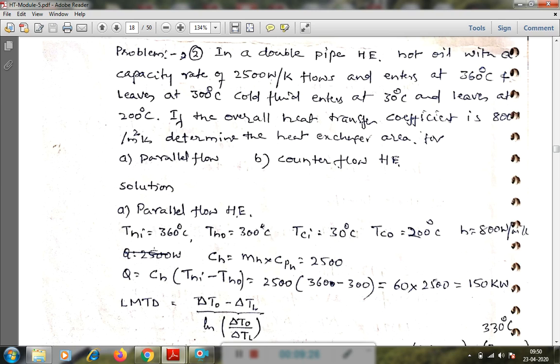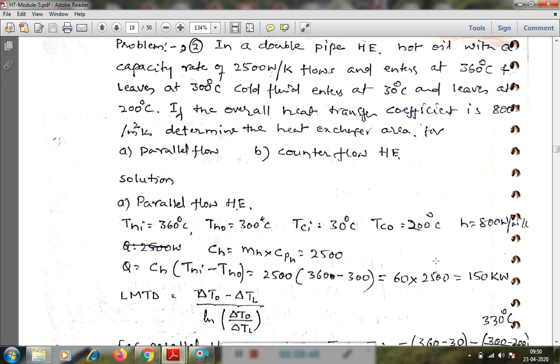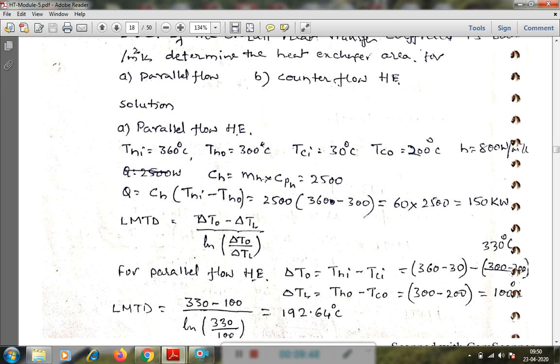Then the hot fluid inlet temperature is given as 360 degrees Celsius, hot fluid outlet temperature 300 degrees Celsius, cold fluid inlet temperature 30 and cold fluid outlet temperature 200 degrees Celsius, and the overall heat transfer coefficient U is given as 800 watt per meter square Kelvin.